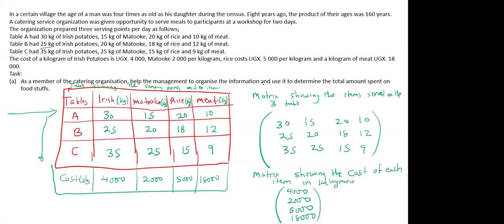Okay, now under the multiplication, allow me to get a pen. Because the question told you to organize the information and use it to determine the total amount spent on the foodstuffs, I'm going to say total amount spent on the foodstuffs. So for the total amount, I'm going to get my matrix.